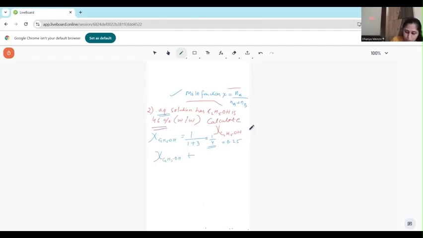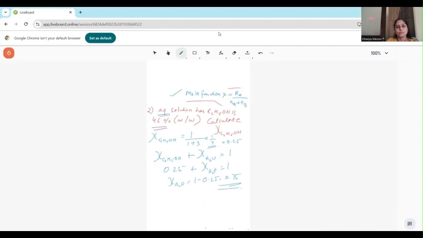So if you know 0.25, can you easily find out water? 1 minus 0.25, which is equal to 0.75. So this is our mole fraction. You just have to know the formula, and you need to know the sum of mole fractions of different components in a solution is equal to 1. After all, it's a fraction. If it doesn't come to 1, then you have to check your calculation, right?